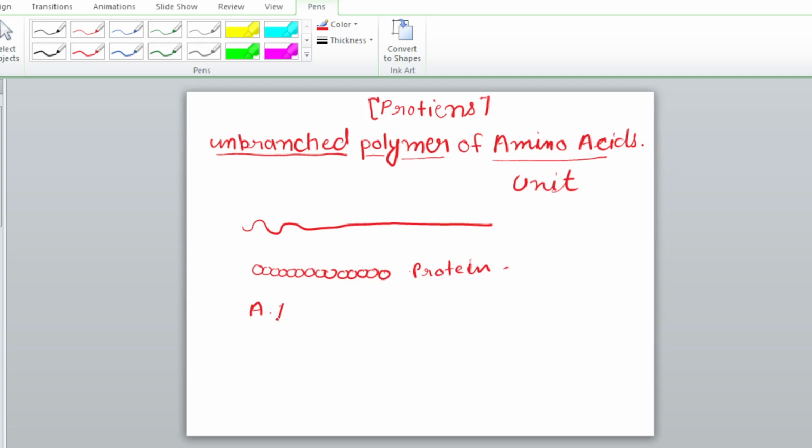Now we are going to discuss amino acids. What are amino acids? Amino acids are basically the monomeric units of proteins. Each amino acid has a carboxylic group, a primary amino group, a side chain and a hydrogen atom.